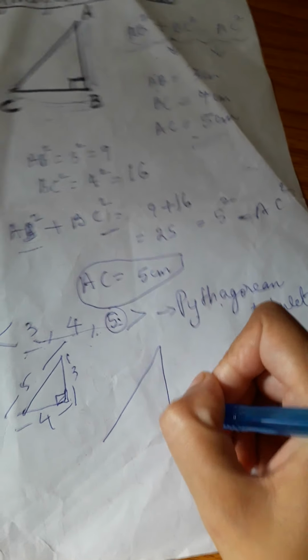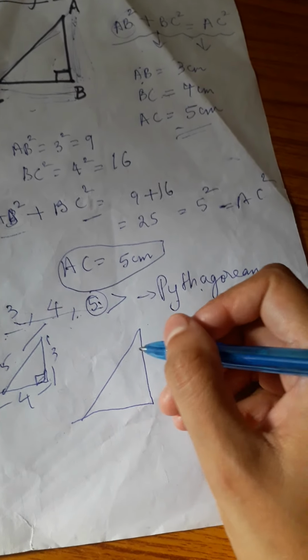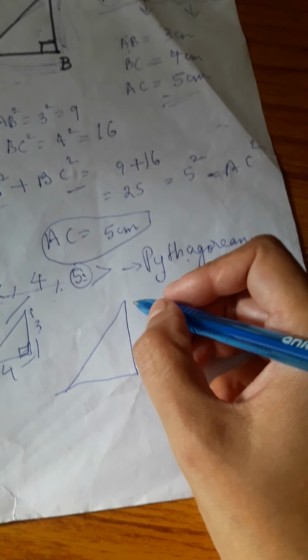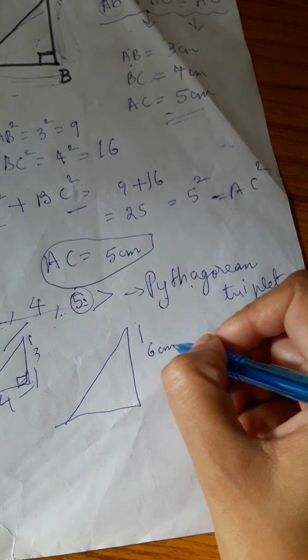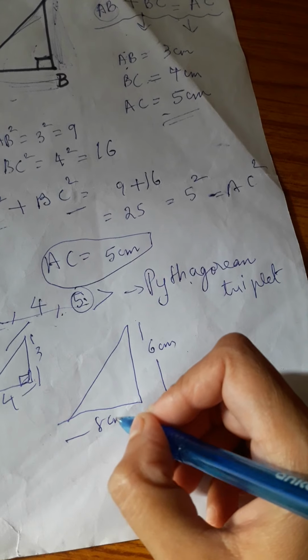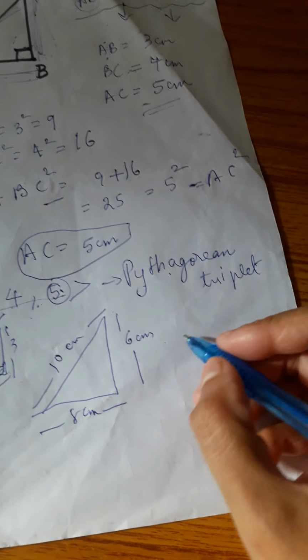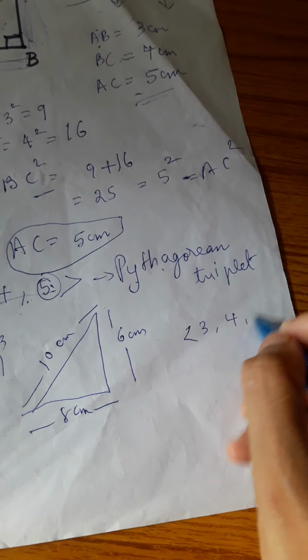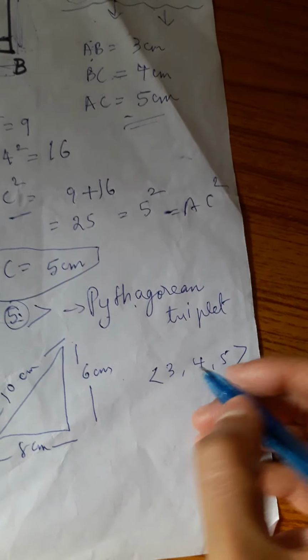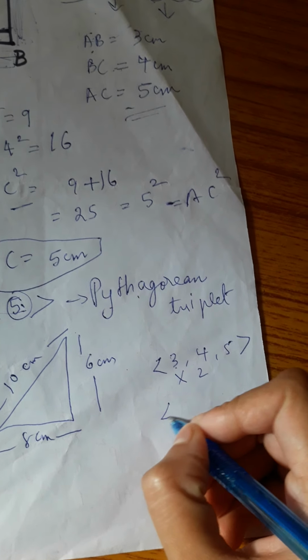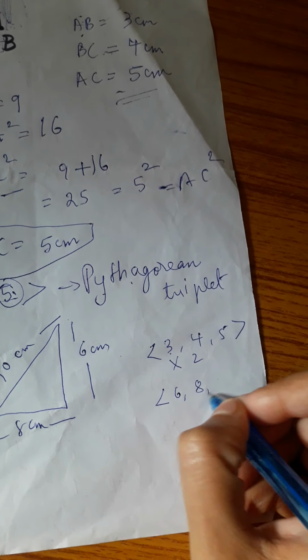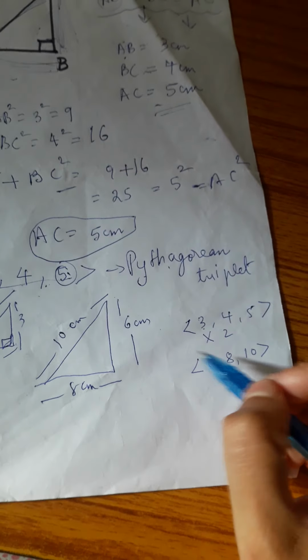So let's say I have a triangle. I'll not say it's a right angle triangle. I'll say this is 6 centimeters, this is 8 centimeters, and this is 10 centimeters. Okay. Now we have 3, 4, 5, and the blown up version of 3, 4, 5. The blown up version of 3, 4, 5 will be 6, 8 and 10 when I multiply it with 2.